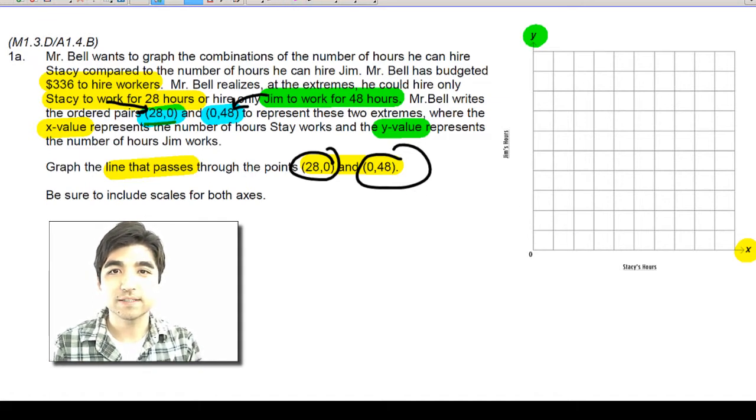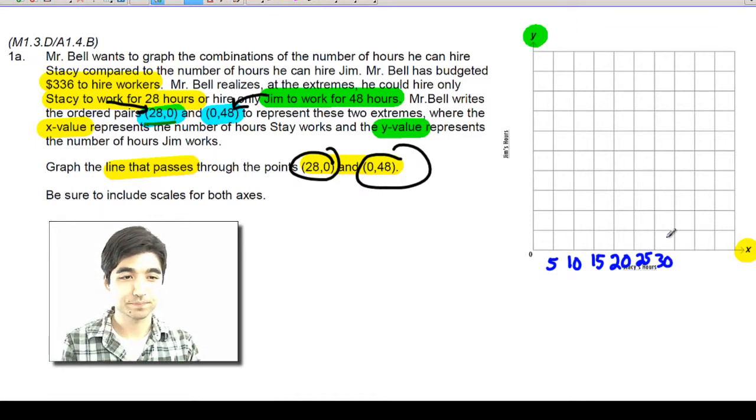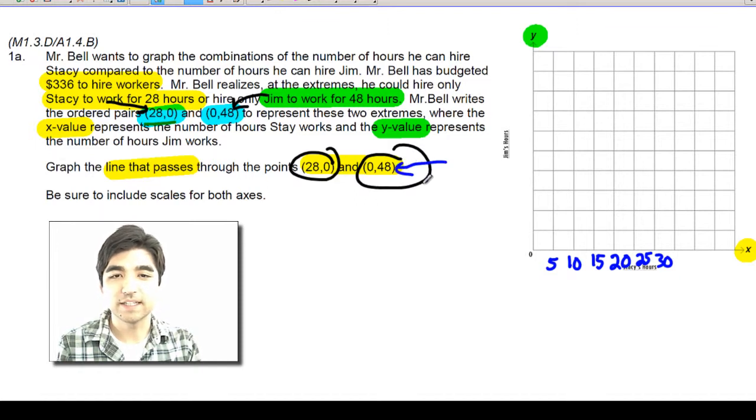So I'm thinking, does 5s work? 5, 10, 15, 20, 25. Man, this pen is too thick. 30. That works. And then Jim is the y-axis, and he is 48, so we need to make our scale go up to at least 48.